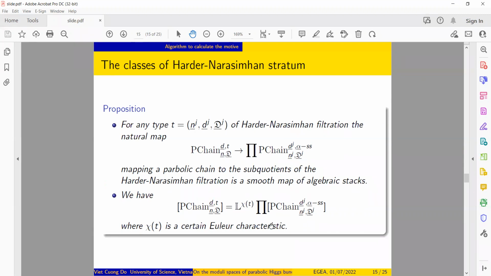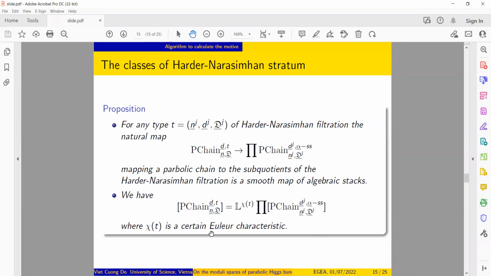Here I give you a formula for the Harder-Narasimhan filtration in terms of classes of Porrick chains of smaller rank. So you have an inductive formula.